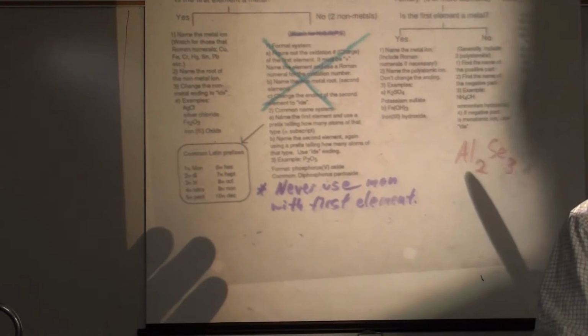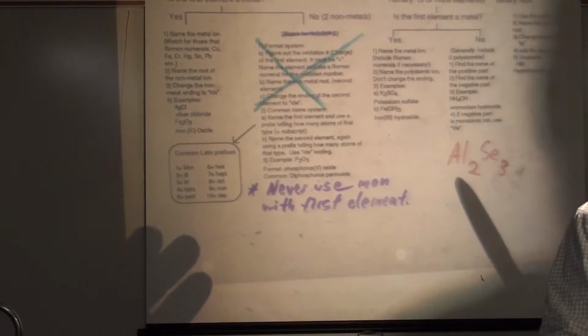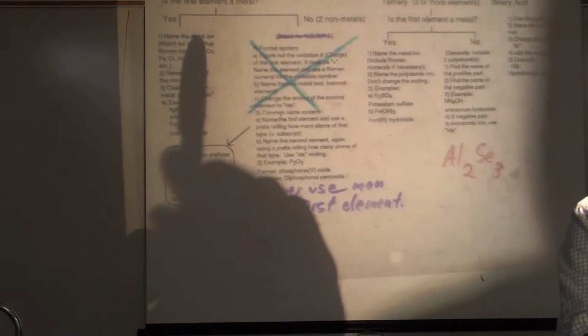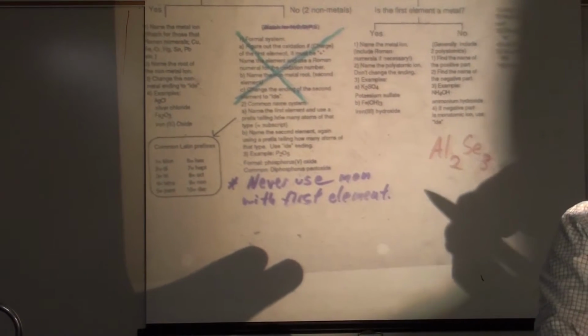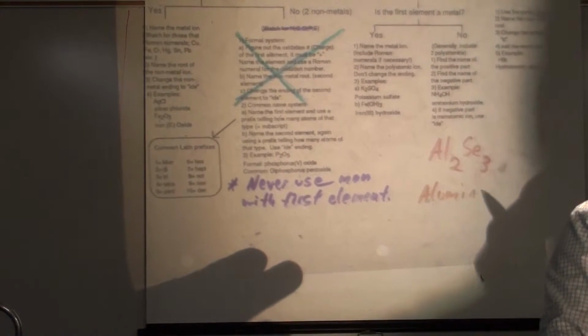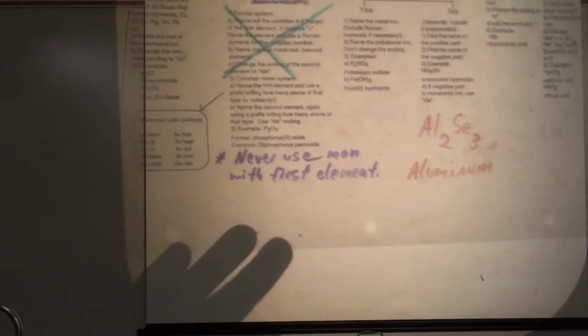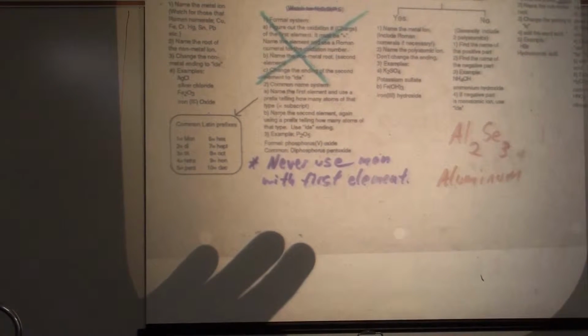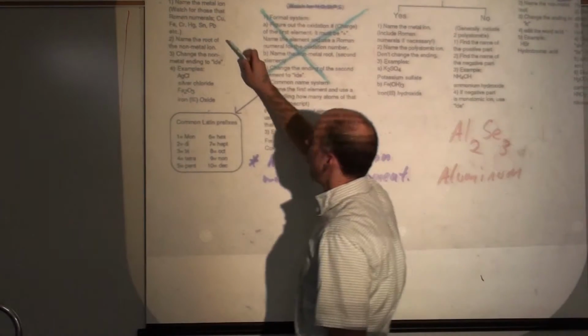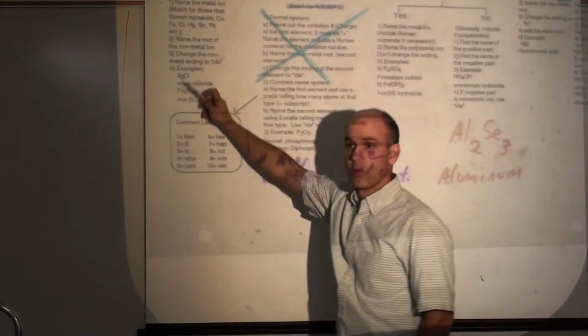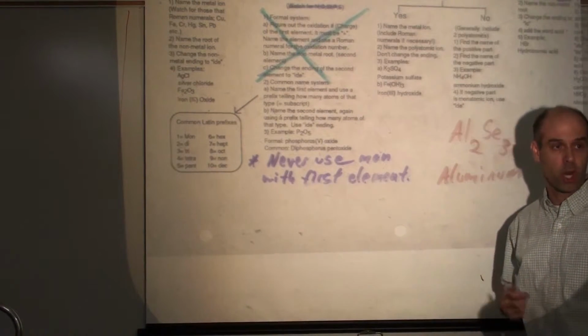So the first element is aluminum, a metal. Yes, it is. Name the metal ion. So what is the name of Al? Aluminum. Then it says, watch out for those Roman numeral ones. In other words, ones that have more than 1 charge.